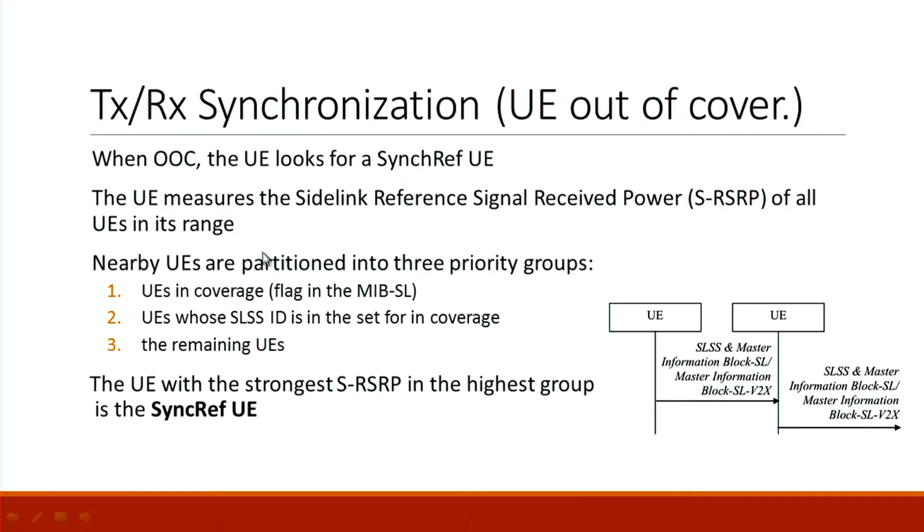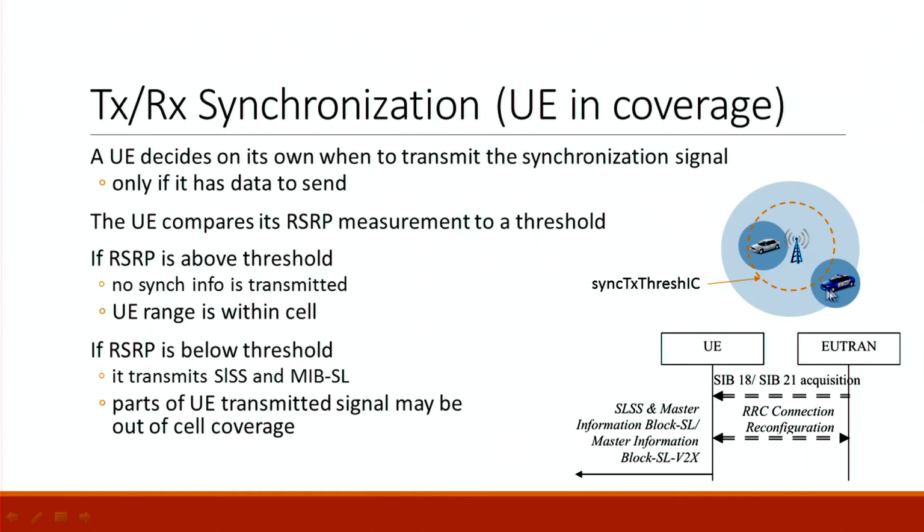And you, as a car, will partition these other cars in three groups. Cars that are in coverage. How do you know that? Because if a car is in coverage, and this is the case of this police car here, for example, a car is in coverage and is advertising that it wants to become a syncref UE. And it's very reliable because it is getting its own synchronization from the eNode B.